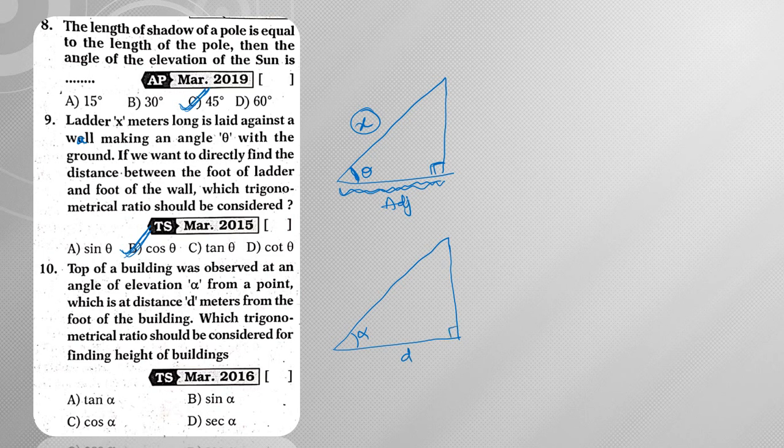Now what is he asking? He is asking you to find the height of the building. Height is nothing but opposite, and with respect to this angle, this is adjacent, right? So to find height, what can we apply? I can apply tan theta or cot theta. Here tan alpha is given, hence the answer is tan alpha.